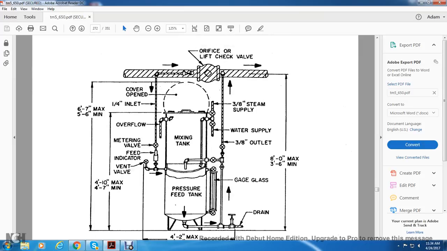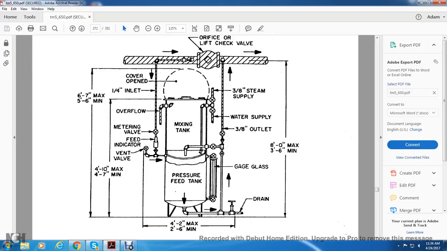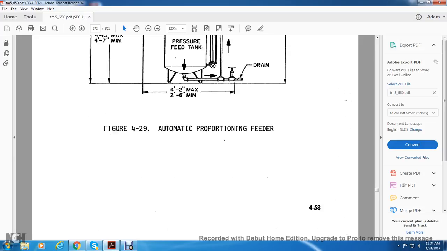Or your automatic proportional feeder. Or you've got your orifice lift check valve. These go to the inlet, mixing tank overflow, indicator feed valve, pressure feed tank gauge glass, 3/8 inch water supply, 3/8 inch steam, and their sizes and dimensions.